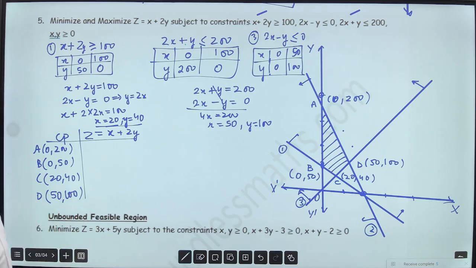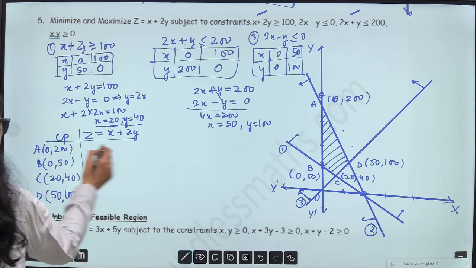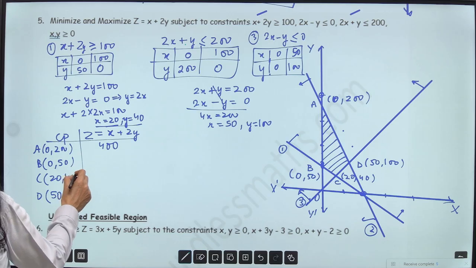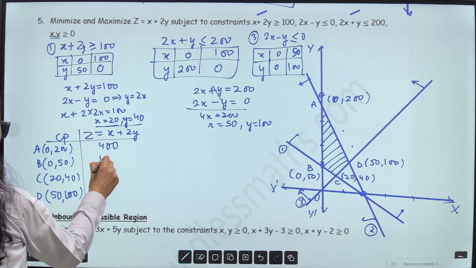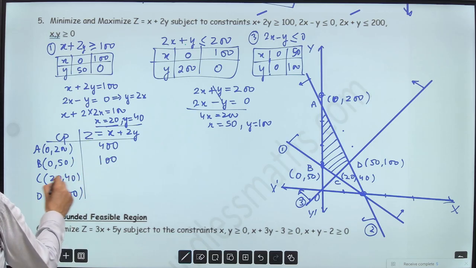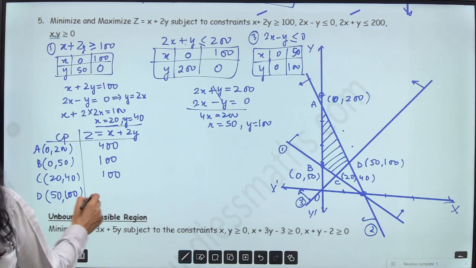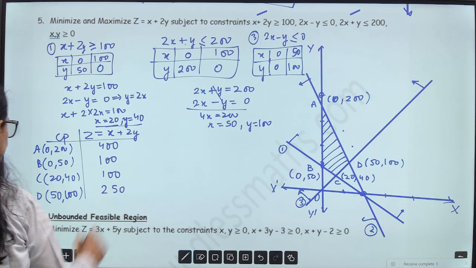What is the value of the objective function at point A? It is 400. At point B, 0 and 50, the objective function will be 100. At point C, 20 and 40, again it is 100. And at point D, it is 250.